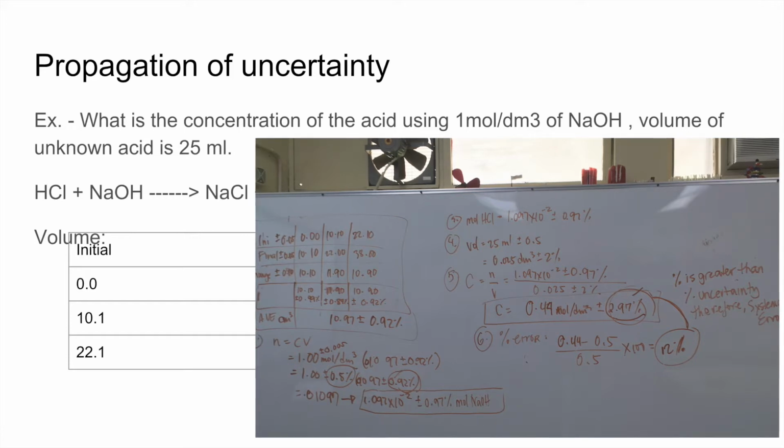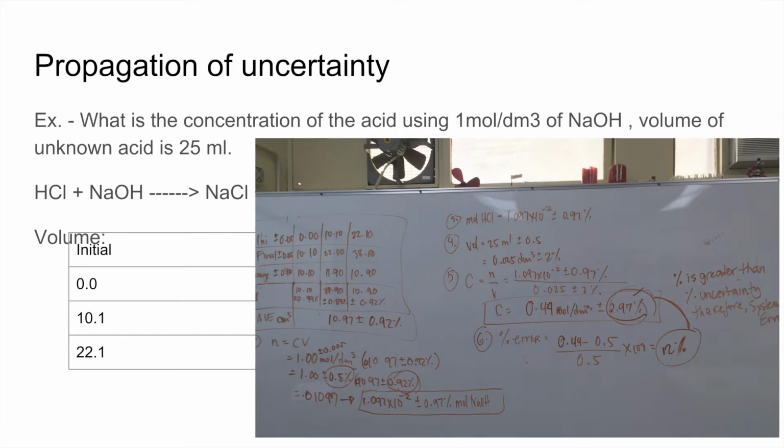Makes sense. But let's say this is 2%, meaning you're really close to the actual value, and this is higher than the percent error, then this could just have resulted from random errors.